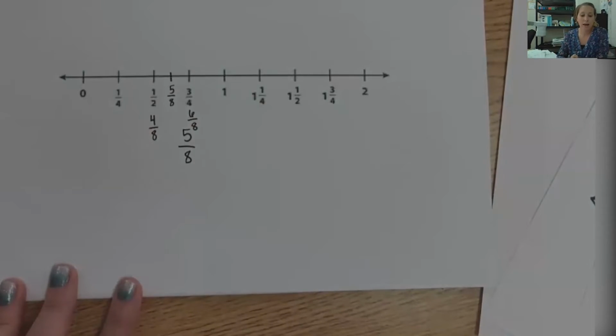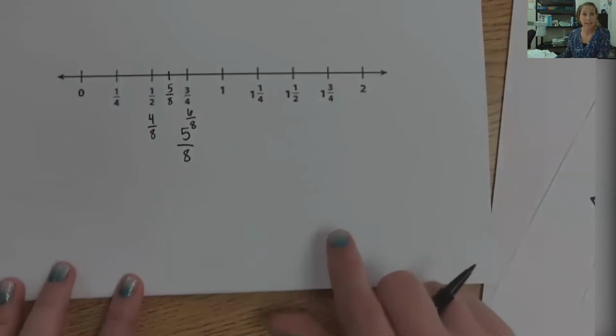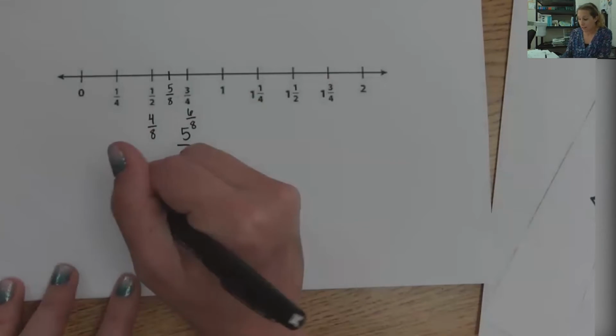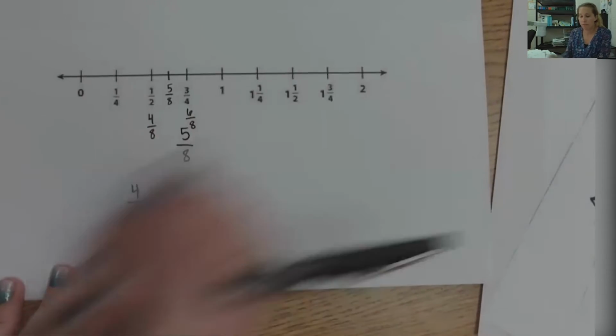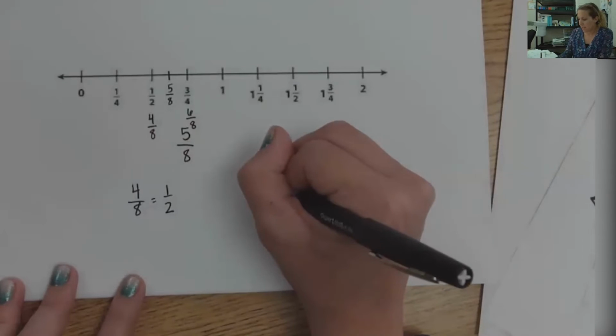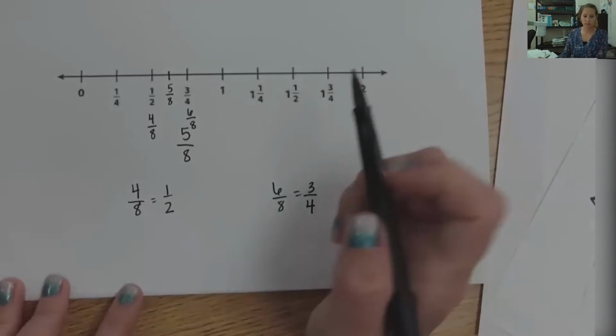And so what are some possible answers? Yes, if we use the low estimation, we would say 4/8 or 1/2. If we were using the high estimation, we would say 6/8 or 3/4.